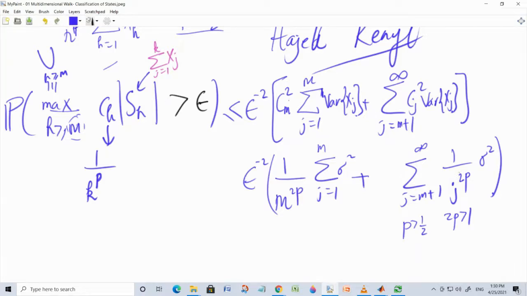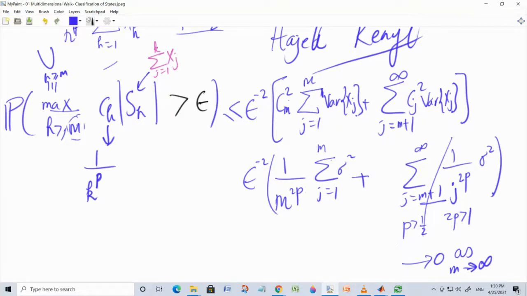If it's 1, then we have the harmonic series and this is not converging. But if it's anything higher than 1, then this summation, if we start from any finite number, will be finite. And if we start at m plus 1 and take the limit as m goes to infinity, this will go to 0.